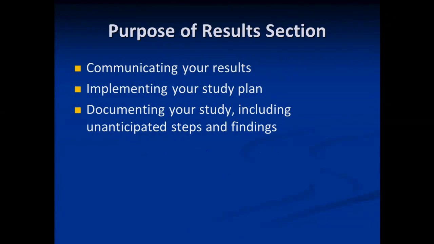If for some reason you decide never to show the results of a certain set of analyses, don't talk about it in your introduction or methods section, right? Whatever you talk about in your methods section has to show up somewhere in your results, and vice versa. If something is mentioned in your results, it should show up somewhere in your methods, okay? And I'll talk about the exceptions to that. But that's really important. And then the other part is you want to document what you did.